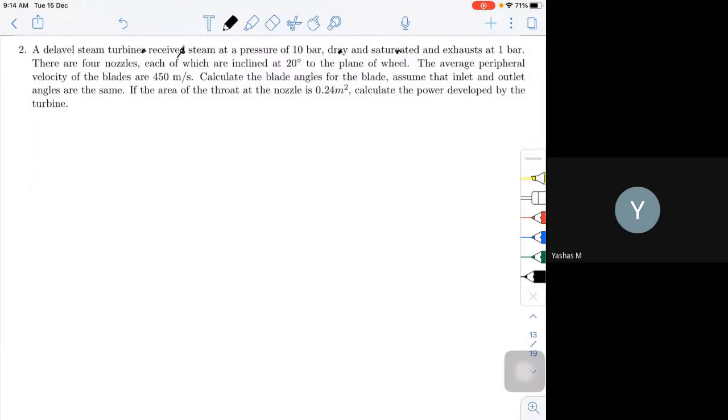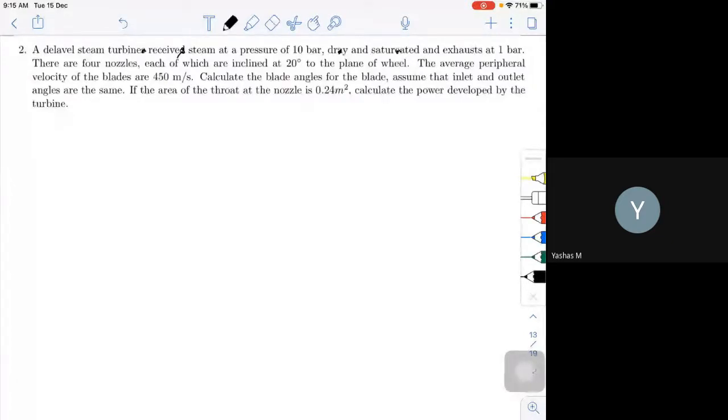The average peripheral velocity of the blade is 450 meters per second. Calculate the blade angles for the blade, assuming that the inlet and outlet angles are the same. Then, if the area of the throat of the nozzle is 0.24 meter square, calculate the power developed by the turbine. This is the problem statement.